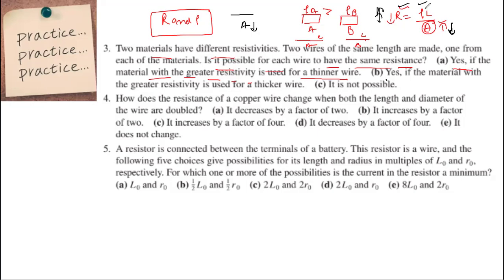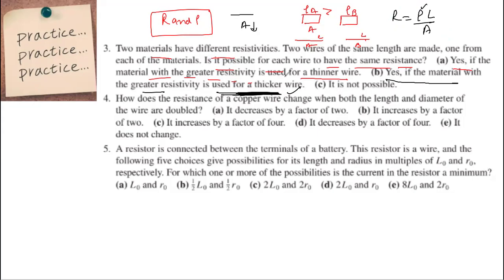Let's look into the B option. Yes, if the material with the greater resistivity is used for a thicker wire. This sounds like an option over here. Now what was the scenario? Let me rewrite the formula over here. So we have R is equal to rho L upon A, and it's saying the material with the greater resistivity, you make a thick wire out of that, right?